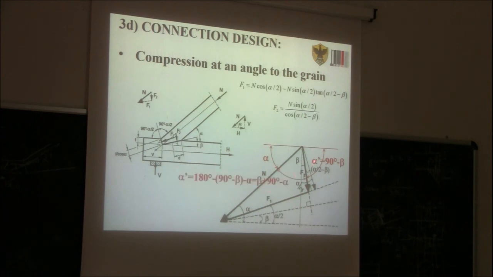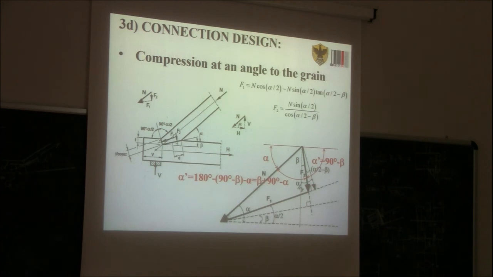Then this value here is 90 degrees minus beta, and this angle here is alpha prime, 180 degrees, so everything, minus 90 minus beta and minus alpha. So beta plus 90 degrees minus alpha.